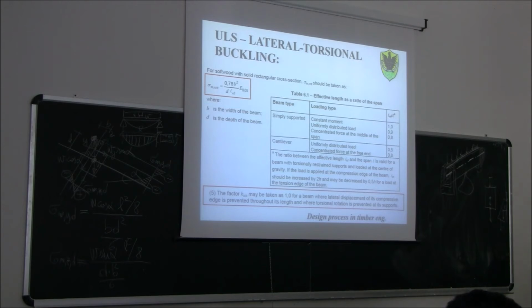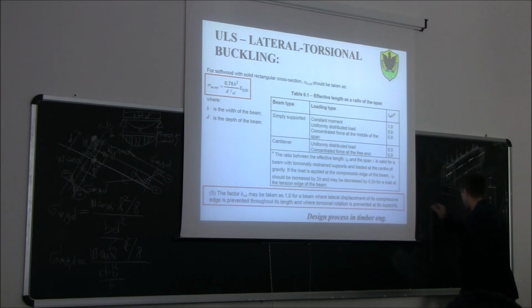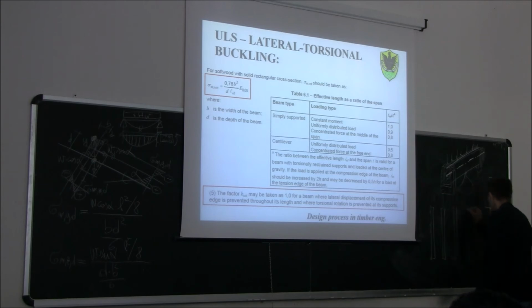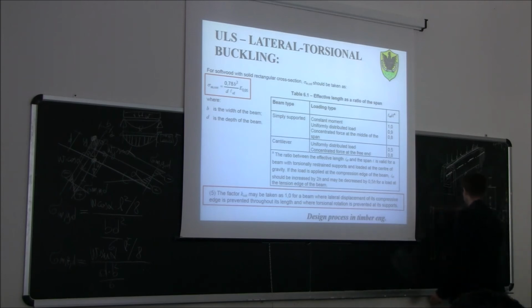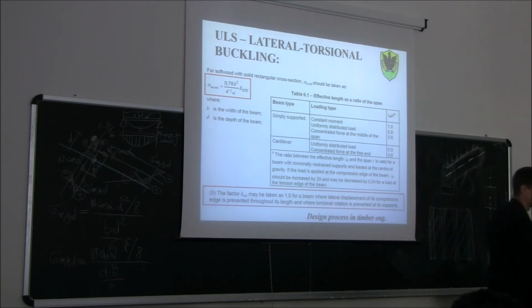So you have a situation like this. Looking down, you have a number of beams like this, and they are all connected with a reinforced concrete slab above. Okay? This is looking down.